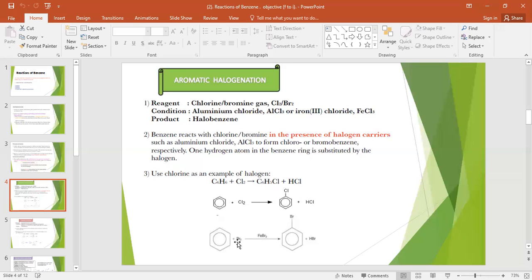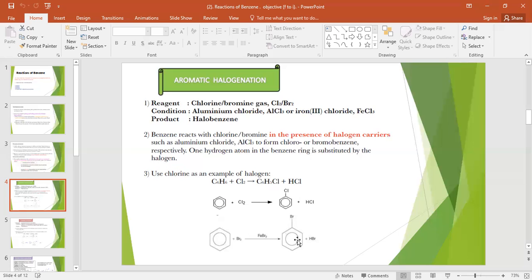Now the bromine molecule Br2 means one Br bonded with another Br. So of the two Br atoms, one will replace a hydrogen on the benzene ring, and the other will attach to the hydrogen, and we write HBr, like HCl. So this is bromobenzene, this is chlorobenzene.